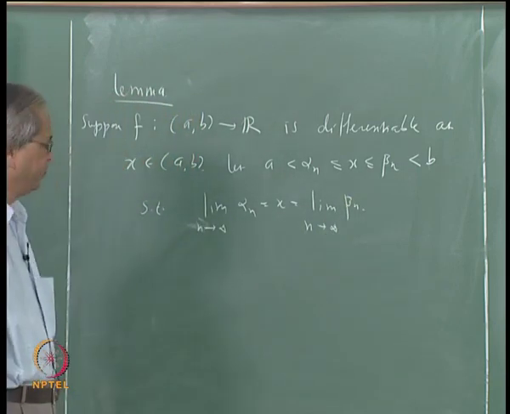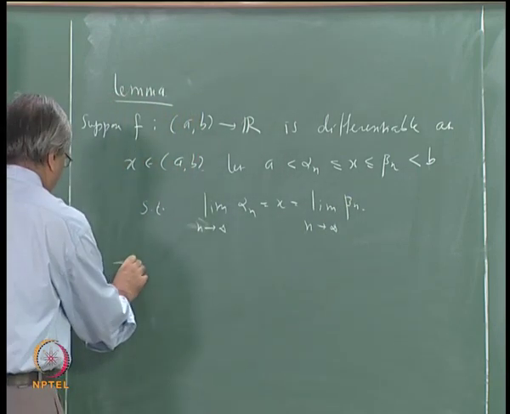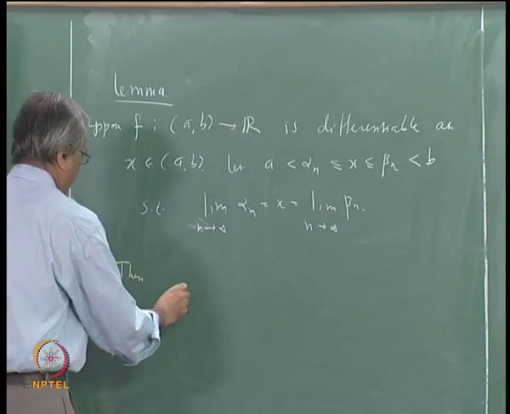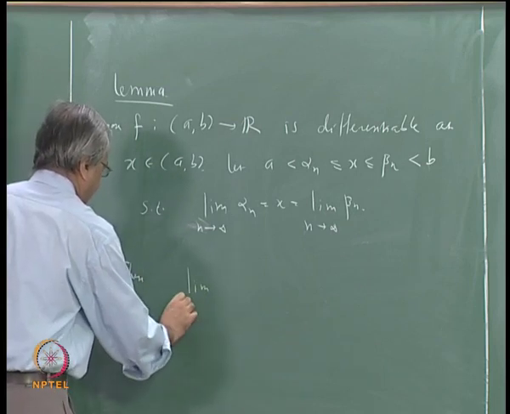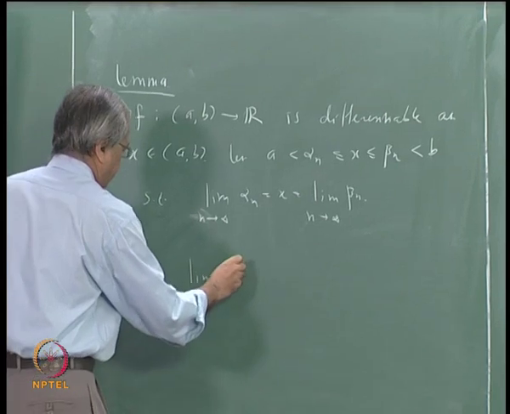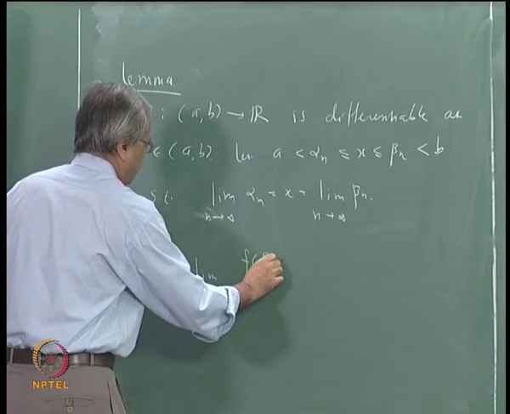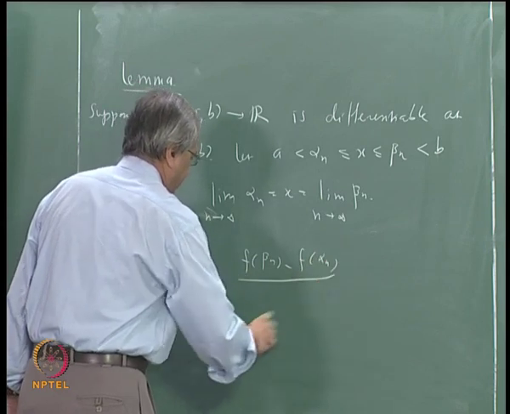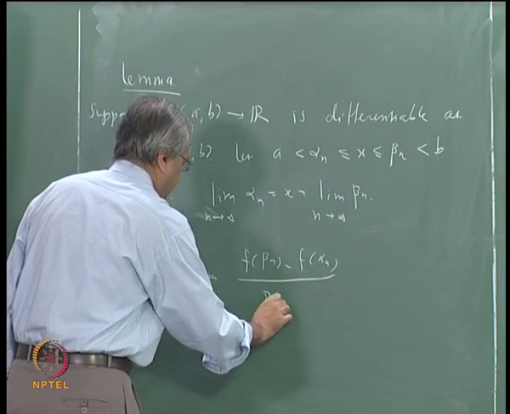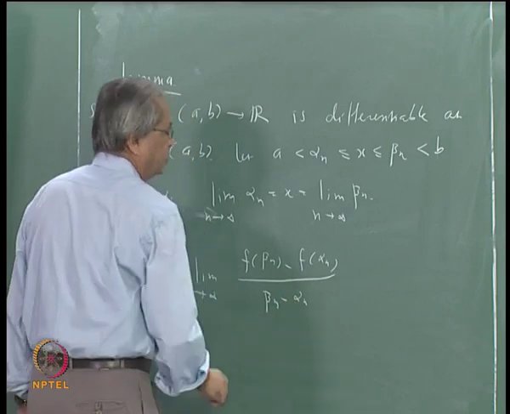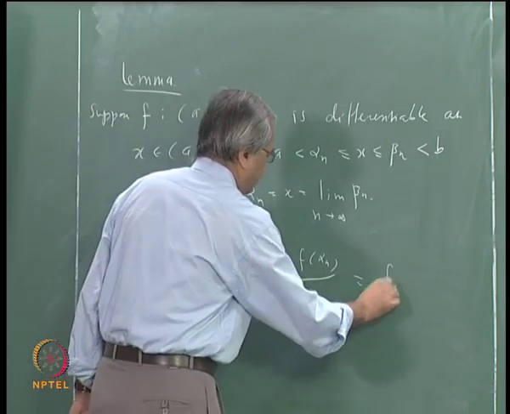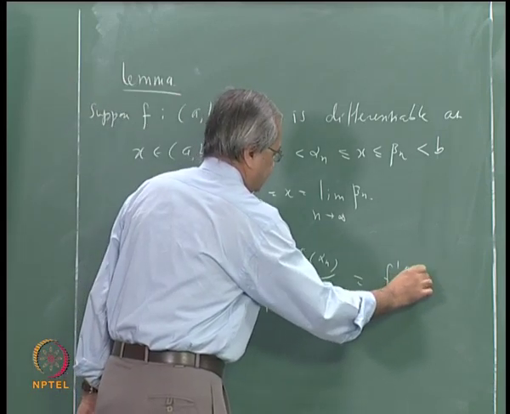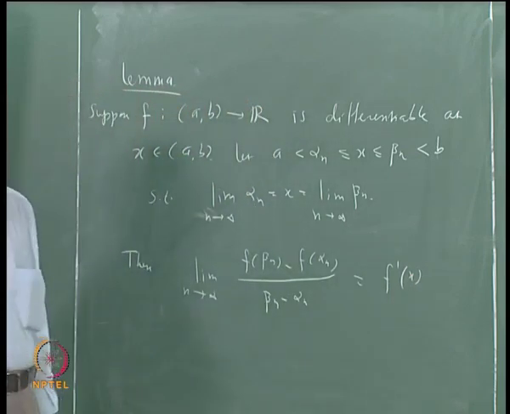Then what we want to say is the following: the limit as n tends to infinity of (f(beta_n) - f(alpha_n)) divided by (beta_n - alpha_n) is equal to f'(x).